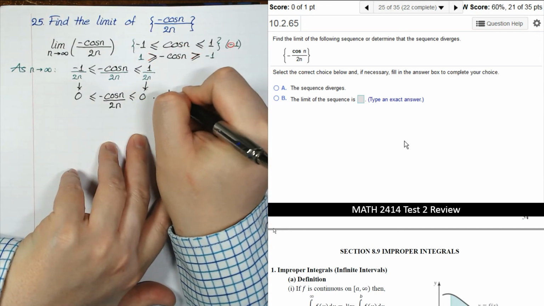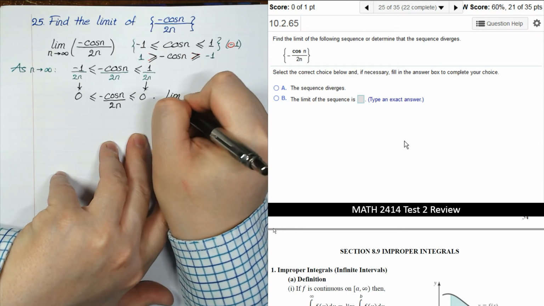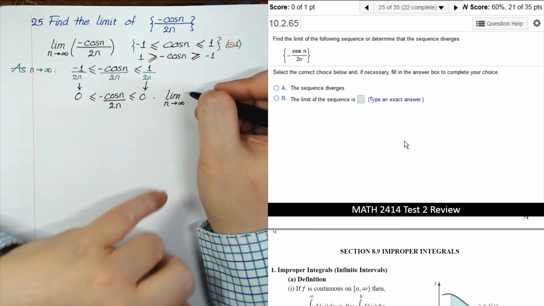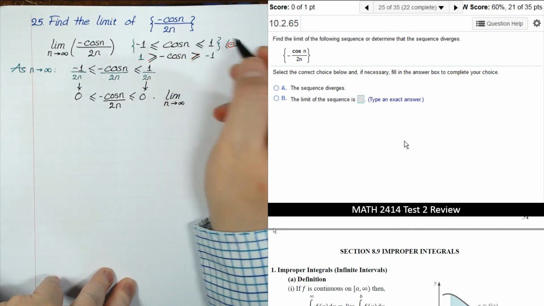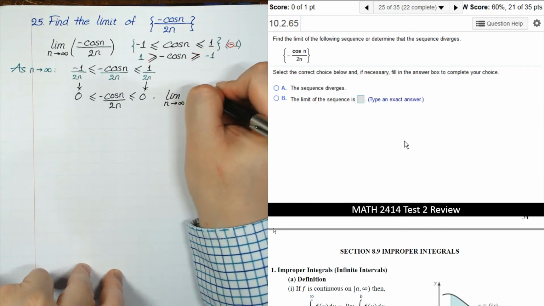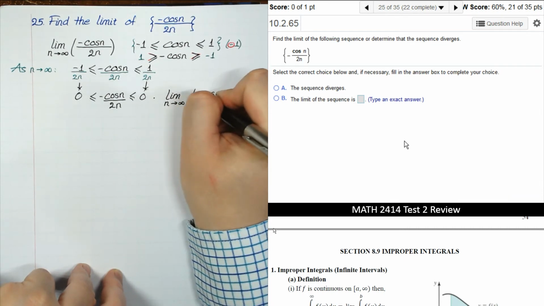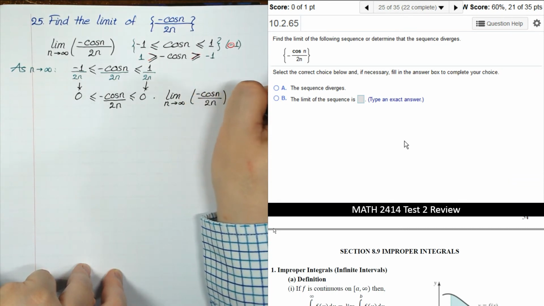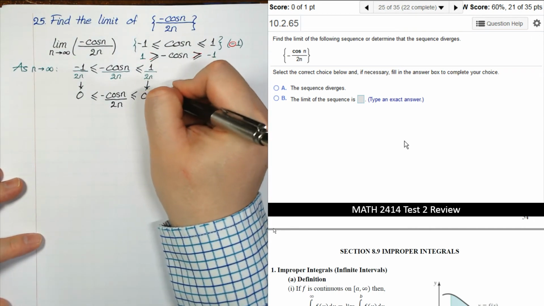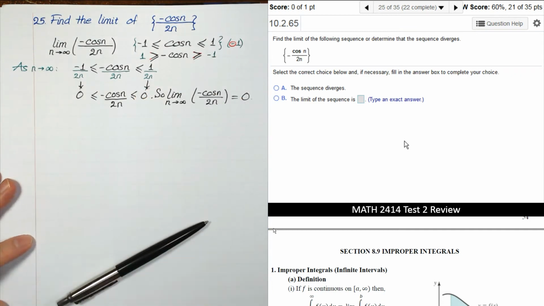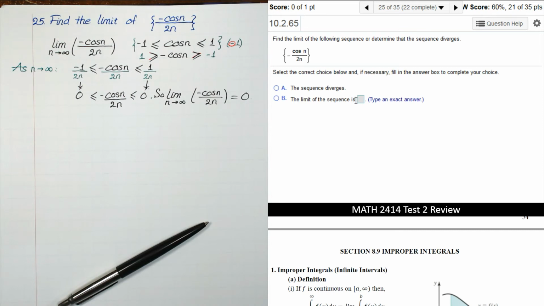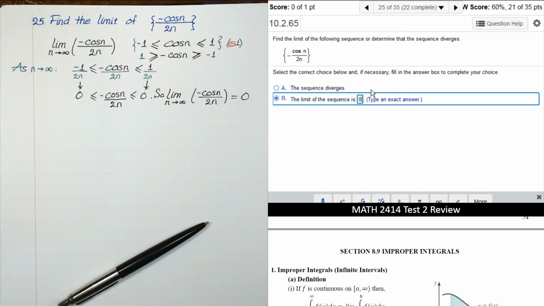Otherwise, it does not work. The squeeze theorem requires the equal sign, so it should have the equal sign there. So the limit of cosine of n over 2n is equal to 0. This is the squeeze theorem. The left goes to 0, the right goes to 0, the middle has to be 0 as well.